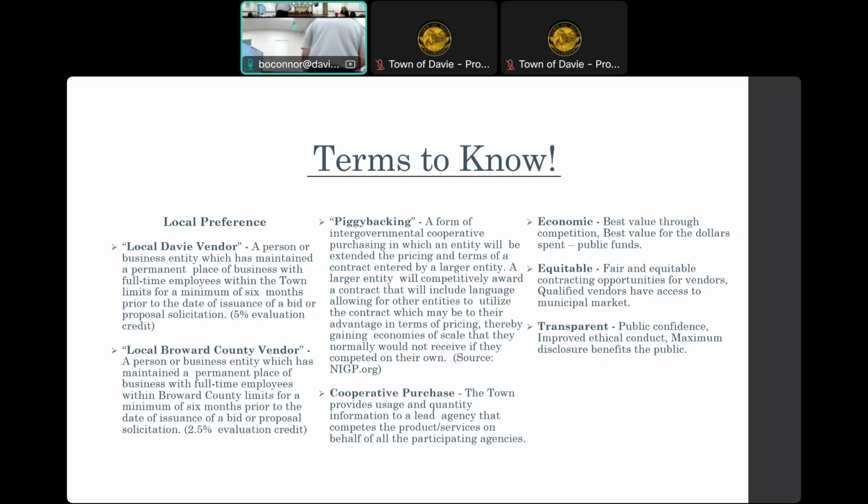Piggybacking is not applicable to your line of business. You cannot piggyback contracts, even a continuing service contract for professional services. If someone says they want to piggyback and utilize it, Florida statute does not allow for that. I've seen agencies attempt to do it and ask us, and I've told them to go back and read the statute.